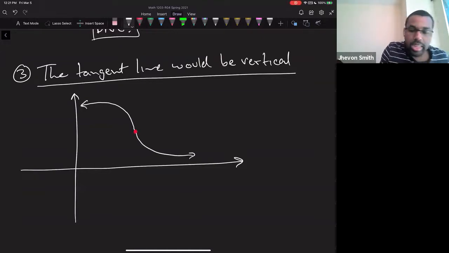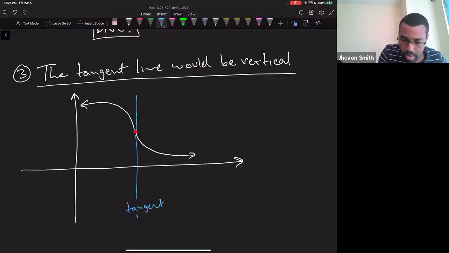And the thing is, if you zoom into that point, it will eventually start to look flat like a line, like there would be a tangent line passing through here. Just by how it's shaped, it's curved down very, very subtly and then shoots off like that, to the point where when you start to zoom in, the best line that it starts to look like is going to be a vertical one.